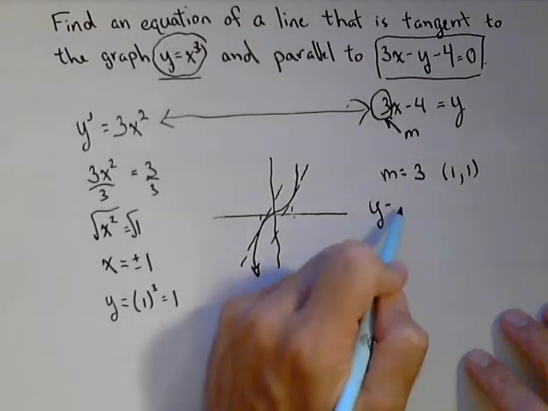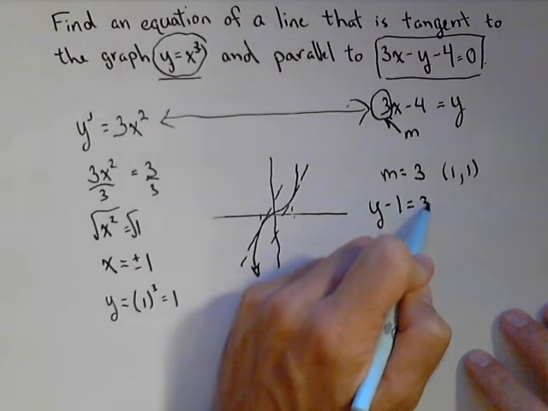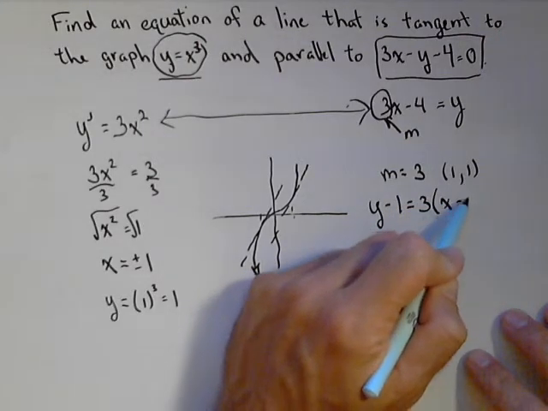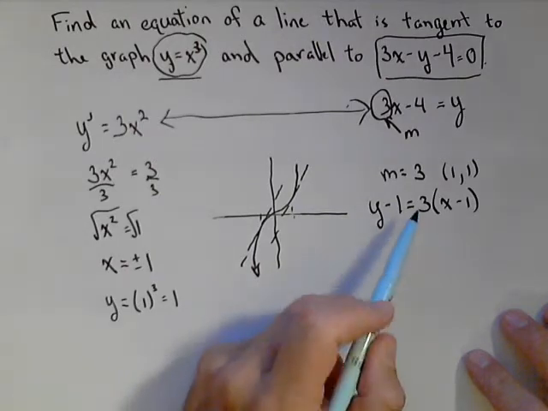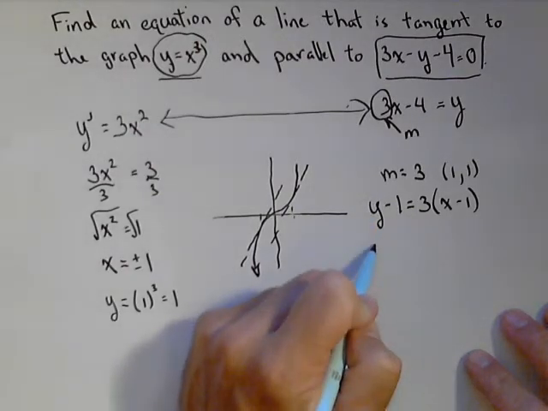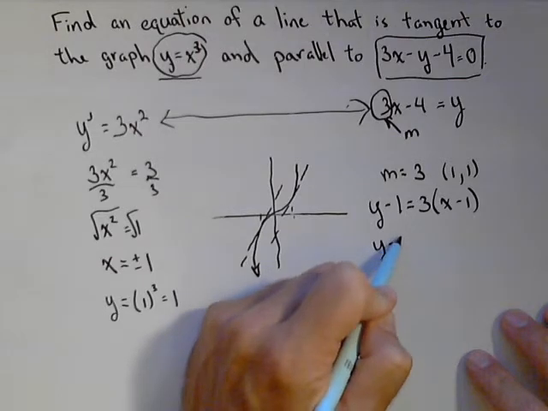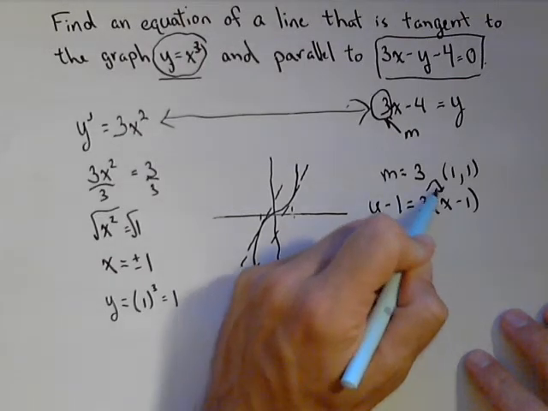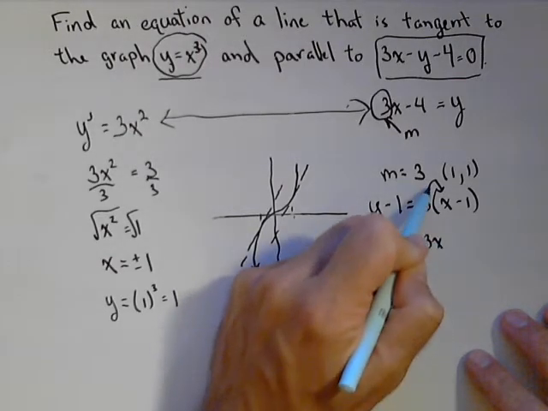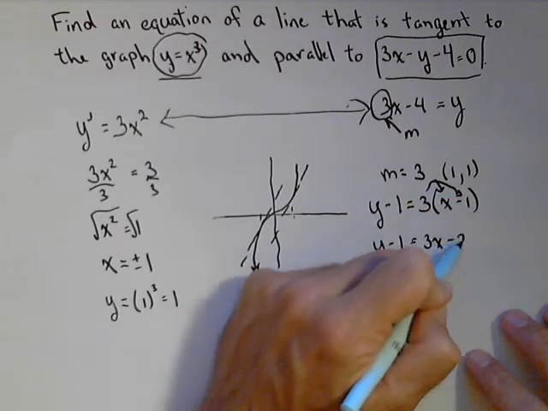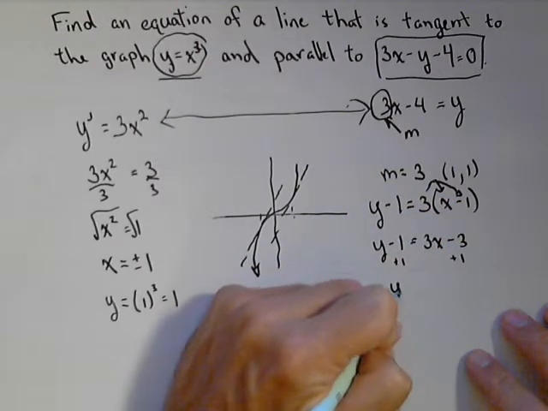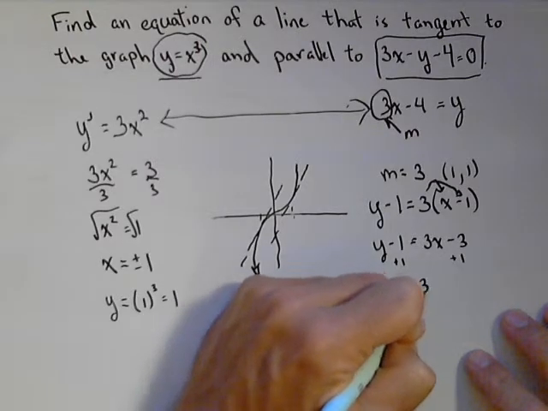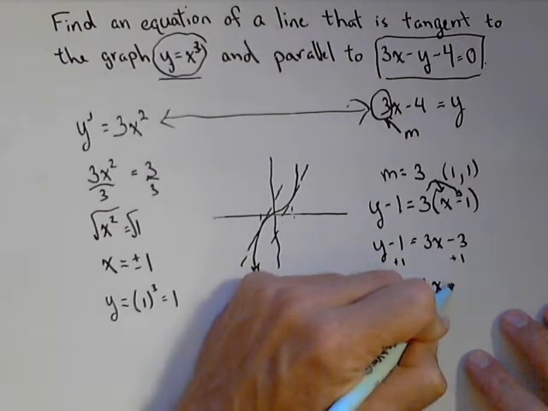Y minus the y value equals the slope times x minus the x value. And that's our line. Now if we wanted to convert this to slope-intercept form, we distribute the 3. So that gives us a 3x minus 3. And then we add 1 to both sides. So one of our tangent lines is the line 3x minus 2.